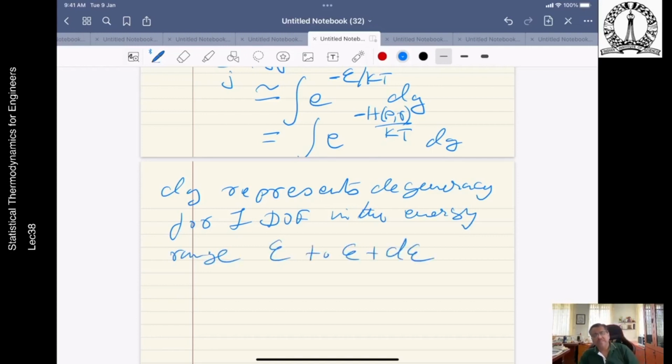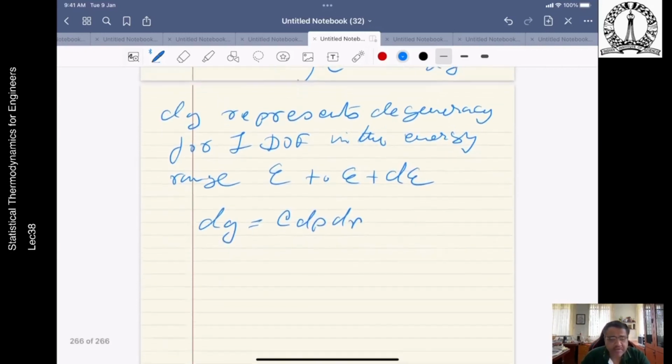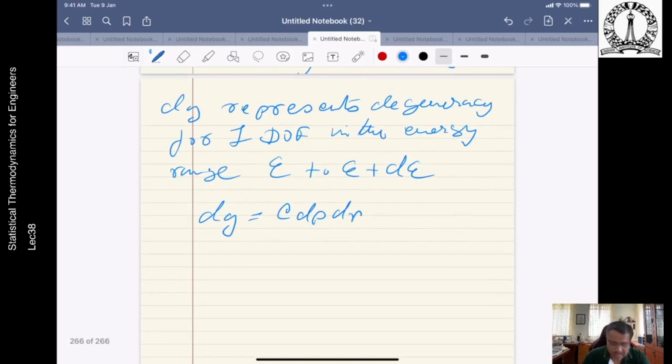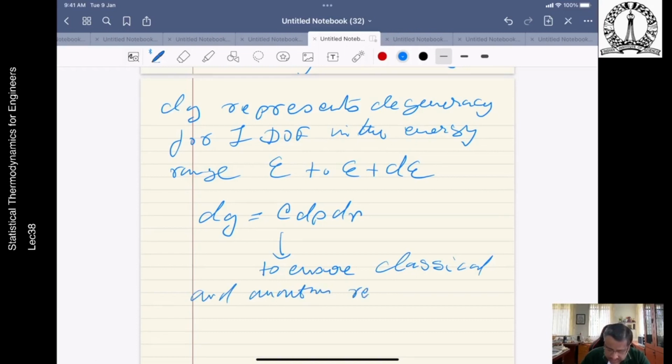E to E plus dE. Because the classical energy can always be portrayed with the phase space, we assume that the quantum counterpart to the differential degeneracy can now be expressed as C dp dr, where C is a constant to ensure the quantum results agree with the classical limit.